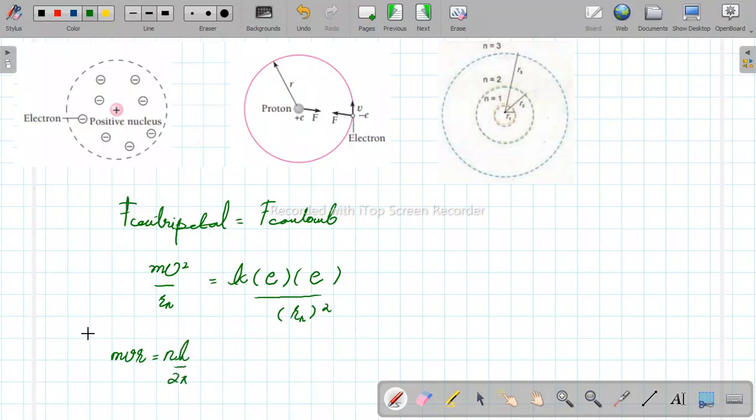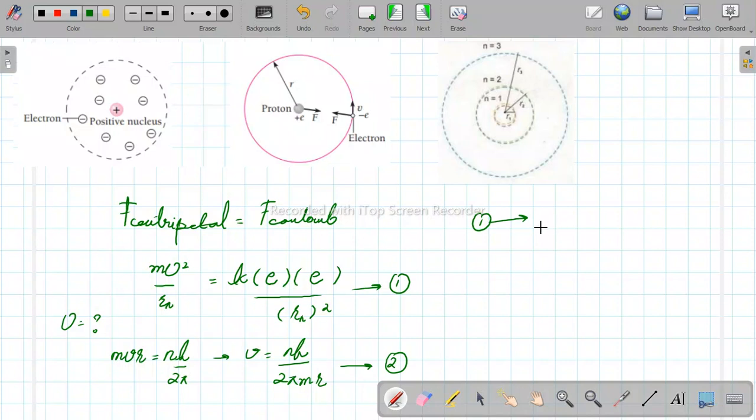Let's just rearrange this equation to get the expression for velocity. It becomes v equals nh over 2 pi with this mr here in the denominator. Let's just put the value of this velocity into this equation. Let's just label it as equation number 2, and this was our equation number 1.